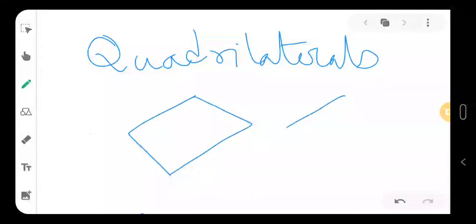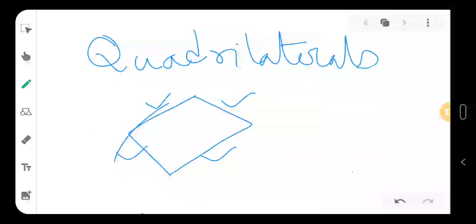It cannot be something like this. It cannot be like that. So quadrilaterals are those shapes which are made of four line segments. What are those four? This is 1, 2, 3 and 4. So there are four line segments in a quadrilateral.